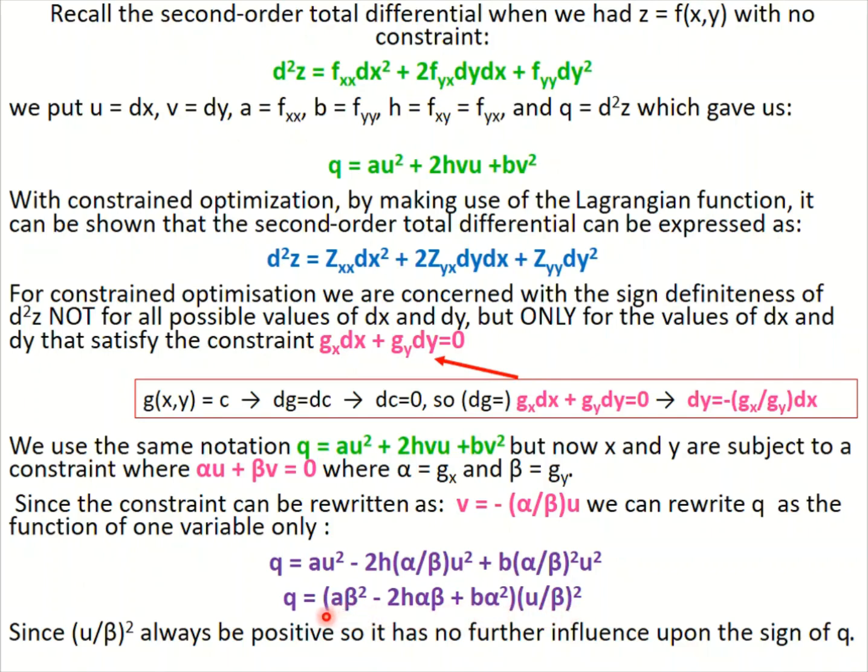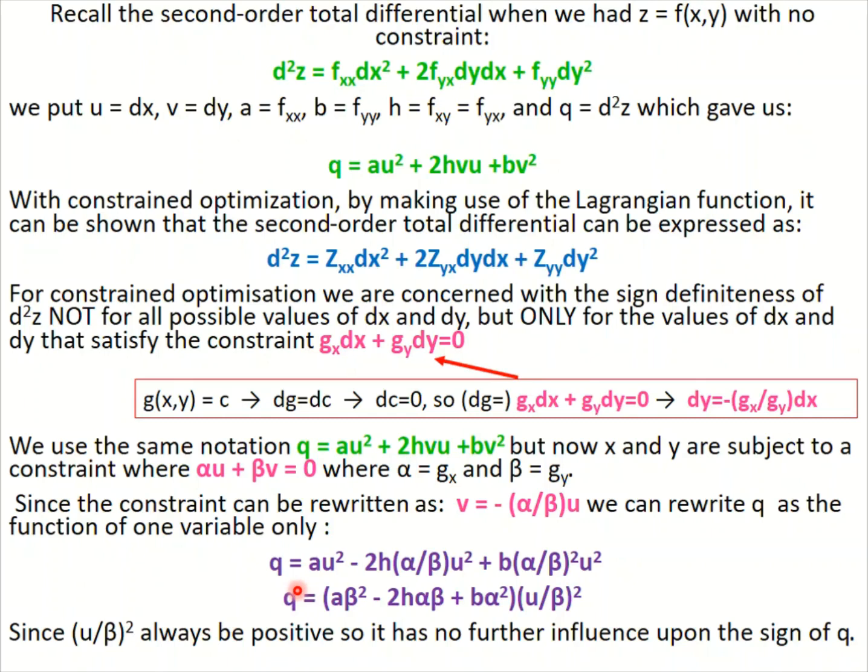So don't forget now that q is nothing other than our second order total differential, and we want to know the sign of d2z, so we want to know the sign of q, because that will then tell us whether we have a minimum or a maximum.